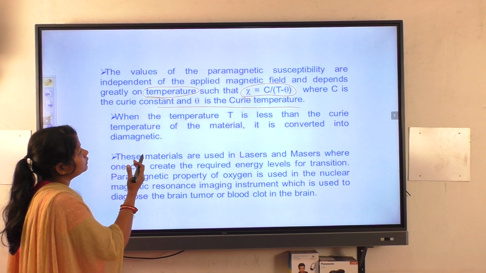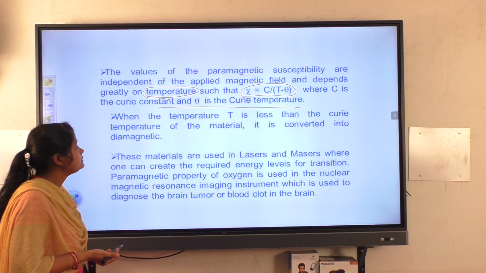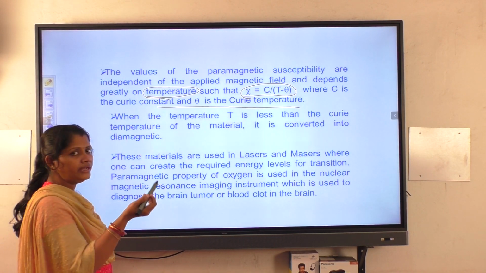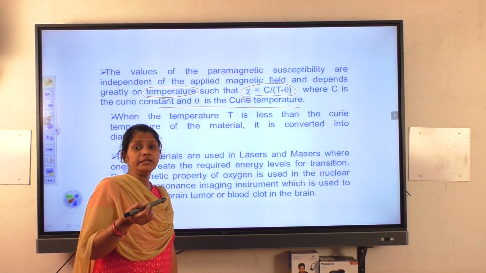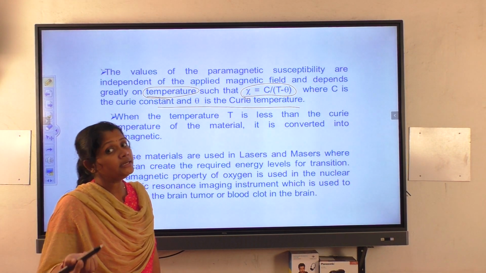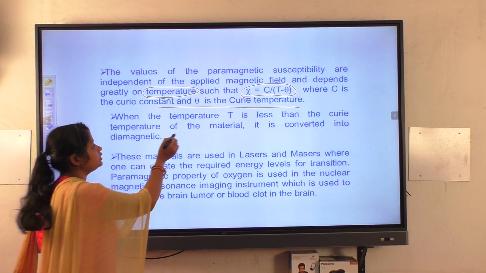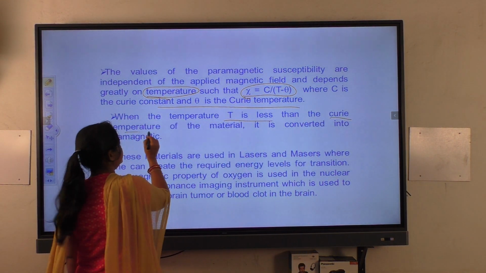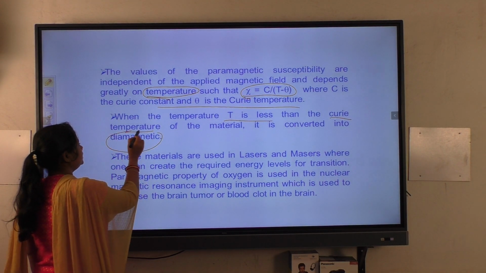When the temperature T is less than the Curie temperature of the material, it is converted into diamagnetic. If we are converting a paramagnetic material into diamagnetic material, when the temperature T is less than the Curie temperature, then the material is converted to diamagnetic material.